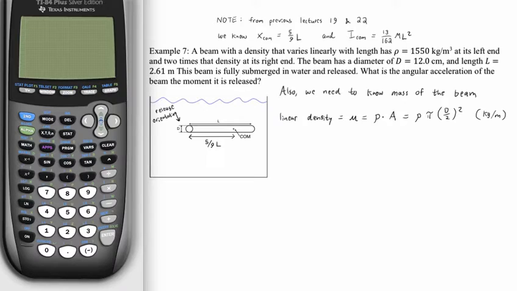Okay. So then we want to think about what is the mass. Well, the total mass is going to be integrating from 0 to L mu dx. I'm just calling x this direction, so we have x equals 0, and obviously L at the other far end.